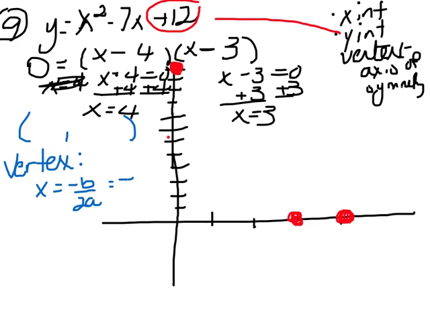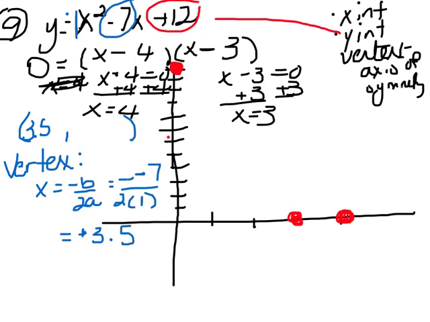My b term is this negative 7, so it's negative negative 7 over 2 times a, which is that 1 out front that's invisible. So it's positive 3.5, because it's a negative negative. So my vertex is at 3.5.